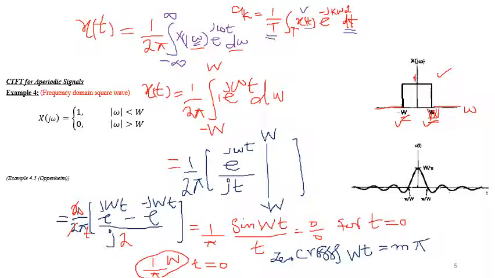That means for all values of t equal to m times pi by this capital omega. So when m equals plus minus 1, we have a zero crossing at pi by omega, then m equals plus minus 2, and so on. I hope you understand this graph, and that's quite straightforward.